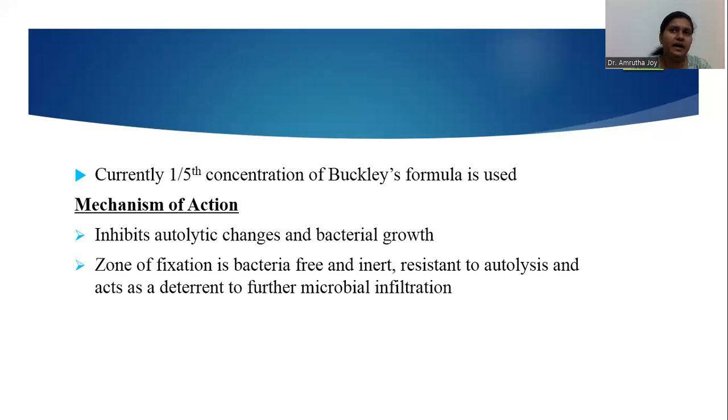That is prepared by adding 3 parts of glycerin and 1 part of distilled water to 1 part of Buckley's formocresol. The mechanism of action of formocresol is that it inhibits autolytic changes in the tissue by binding to the proteins.